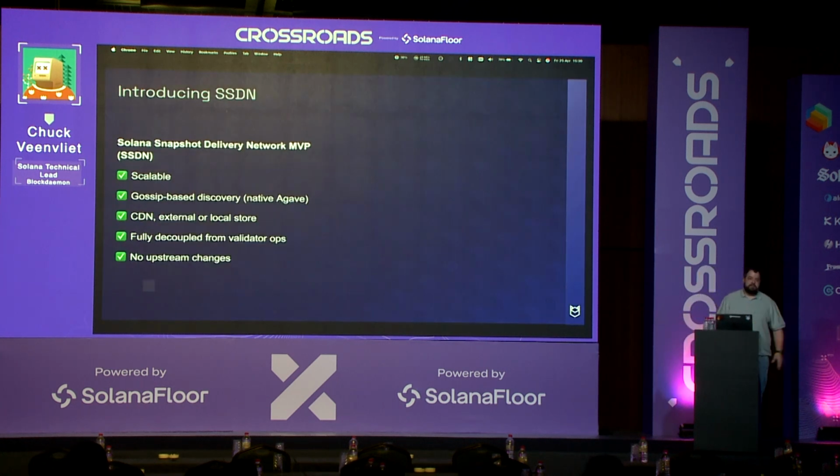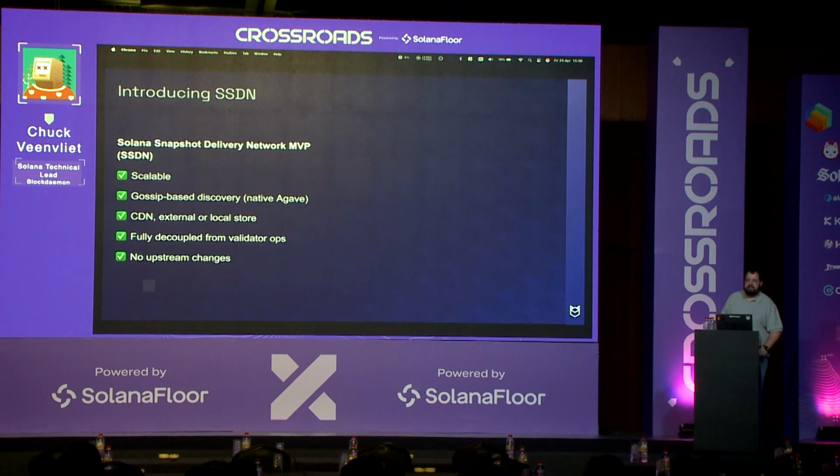So at Blockdaemon, we thought, well, how can we serve the community a little bit better than just nuking the network to try and find a good source? The answer is to come up with a solution that's more scalable and doesn't require a lot of changes in the Anza code or the validator code.